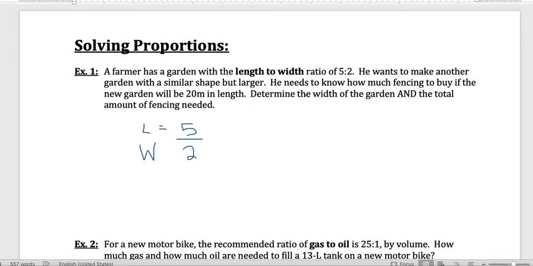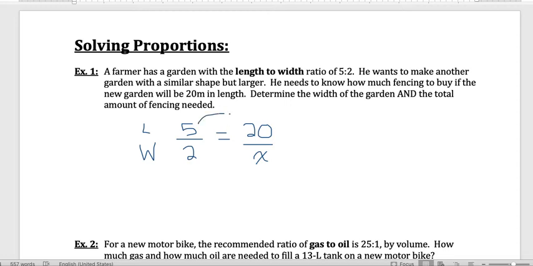So we want to know how much fencing he should buy if the new garden will be 20 meters in length. So the new length is 20. How much fencing would he need? Determine the width of the garden and the total amount of fencing needed.